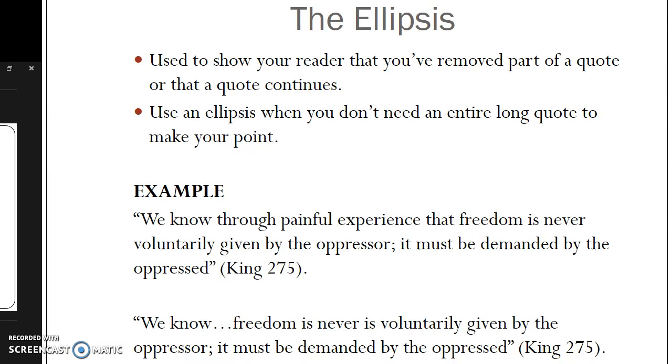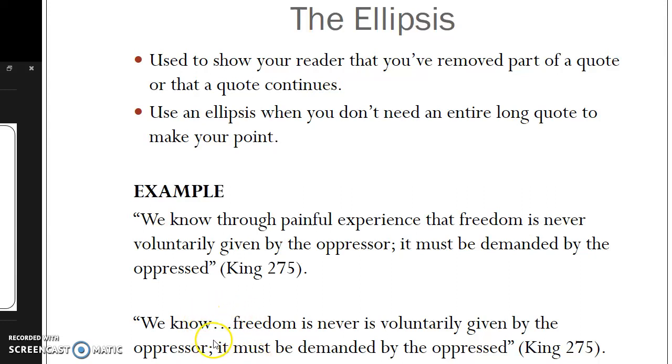So now I want to talk about some different punctuation marks and other pieces of information that you'll need for formatting quotes correctly. So the first thing I want to talk about is called the ellipsis. You've seen this before. If you look at the screen, the arrow where I'm circling those three dots, that dot, dot, dot, that's an ellipsis.